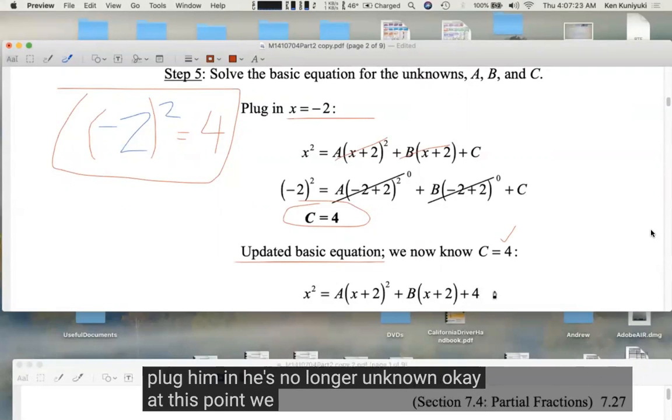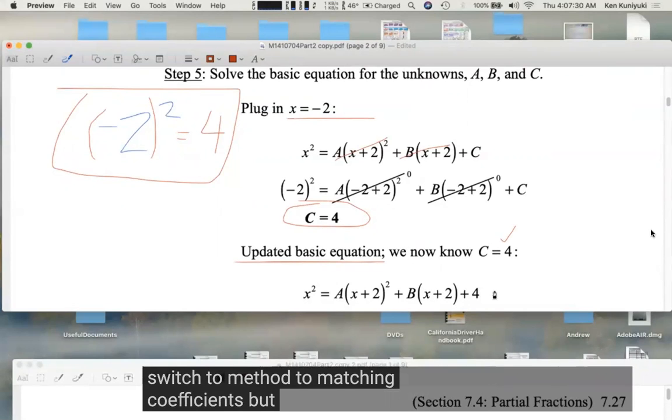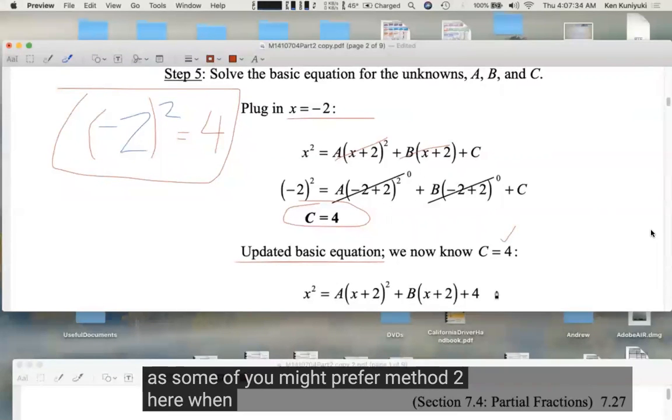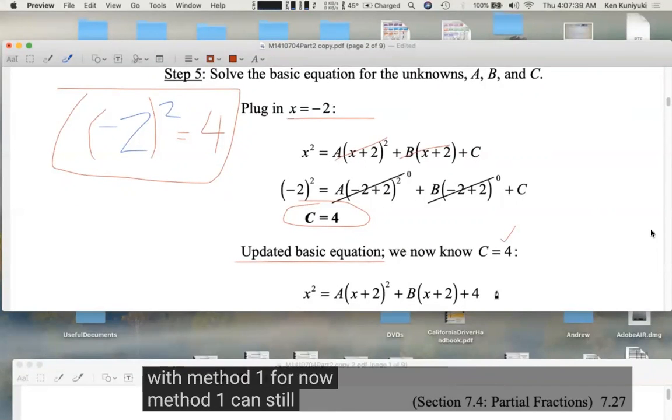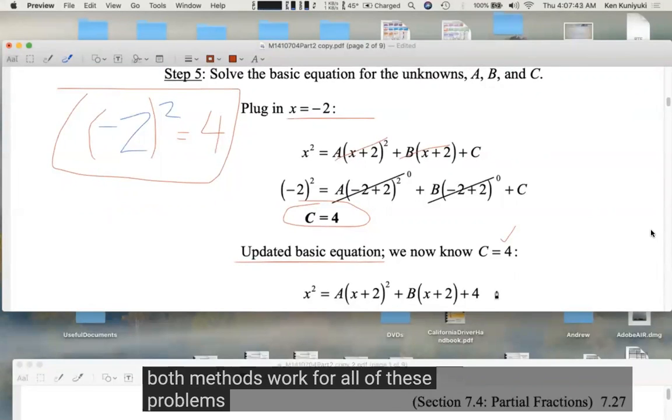Okay, at this point, we can either stick with method 1, the plug-in method, or we could switch to method 2, matching coefficients. But let's save that for later. Some of you might prefer method 2 when you learn it, but let's stick with method 1 for now. Method 1 can still be okay. In principle, both methods work for all of these problems.